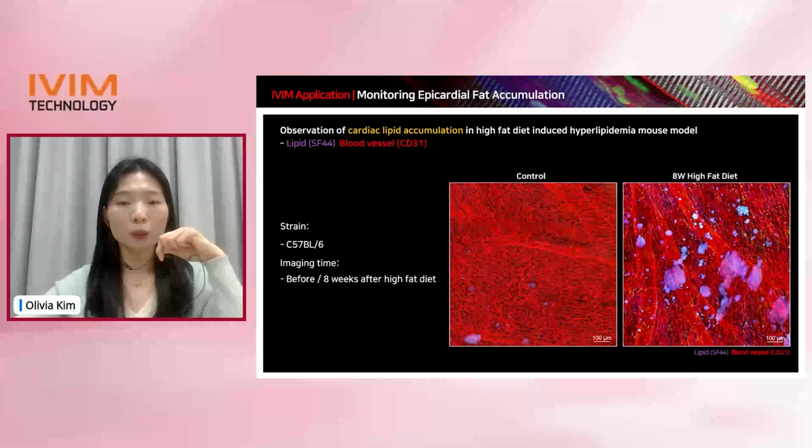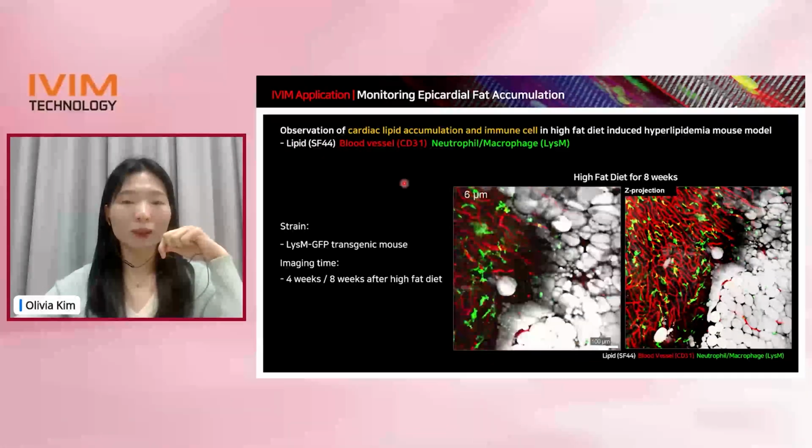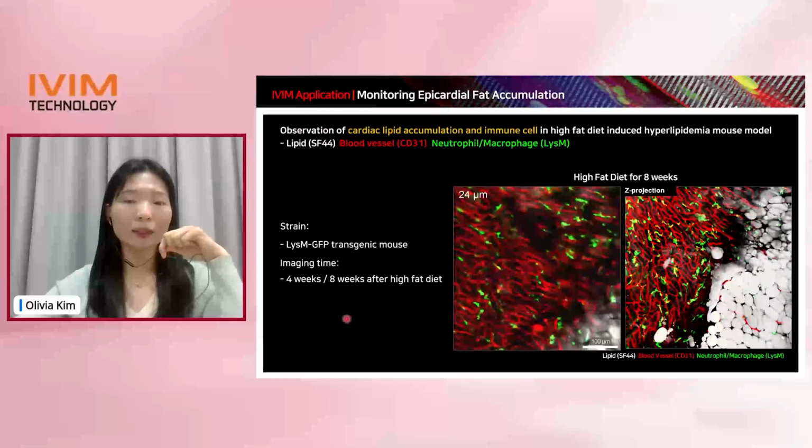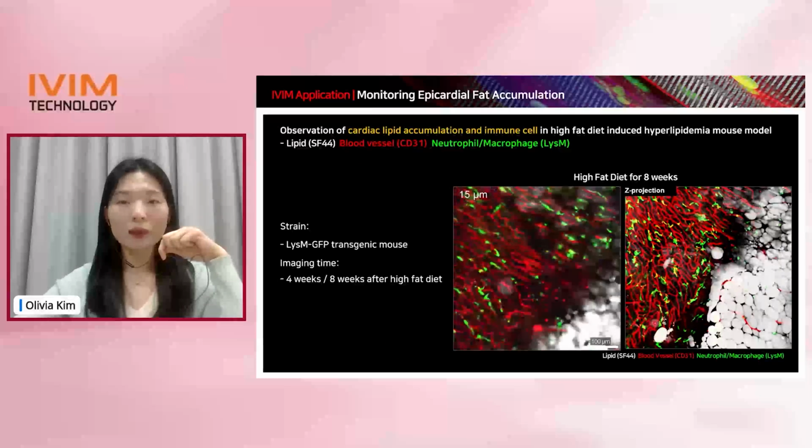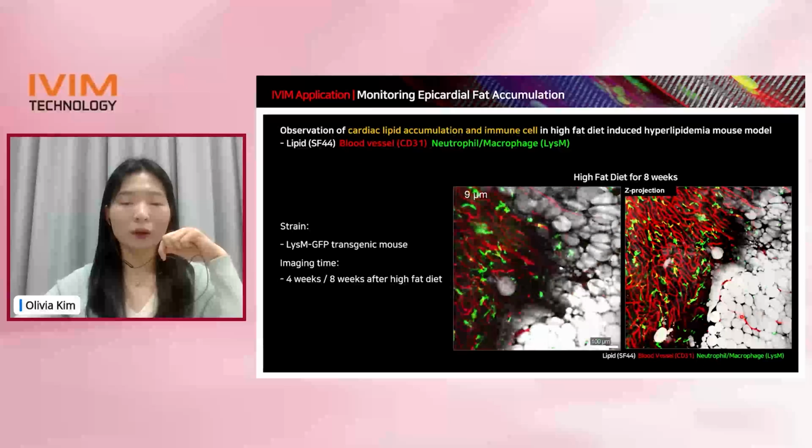Based on these findings, we further investigated whether a high-fat diet induces not only lipid accumulation in the heart, but also additional changes. Therefore, we also examined the associated immune responses. In this experiment, we used LysM-GFP transgenic mice and fed them a high-fat diet for 8 weeks. Afterwards, we analyzed immune cells, shown in green, and lipid droplets, shown in white, within the heart.